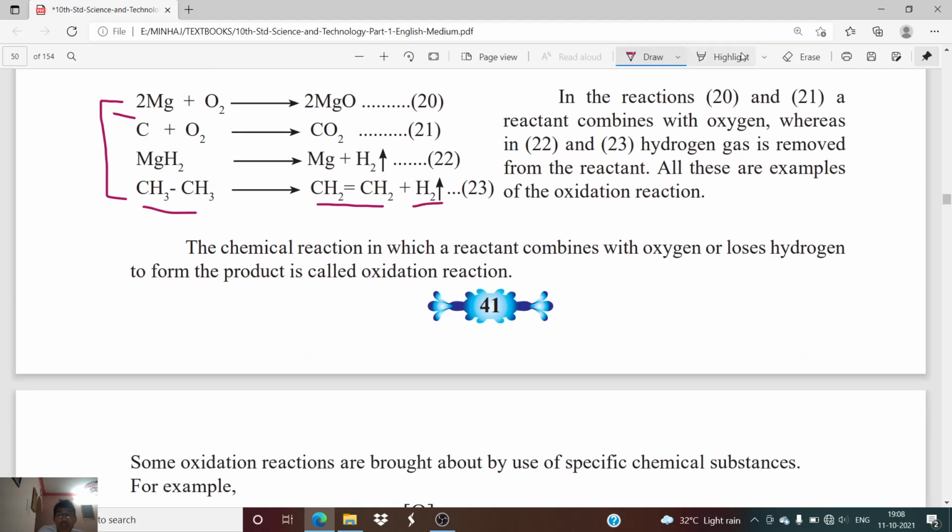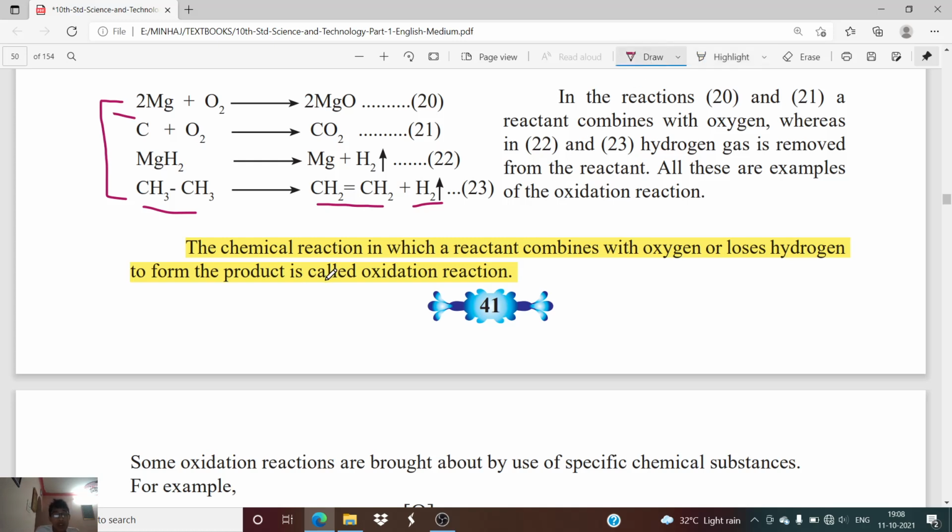So what is the definition of oxidation reaction? It is the chemical reaction in which a reactant combines with oxygen or loses hydrogen to form the product, and it is called an oxidation reaction.